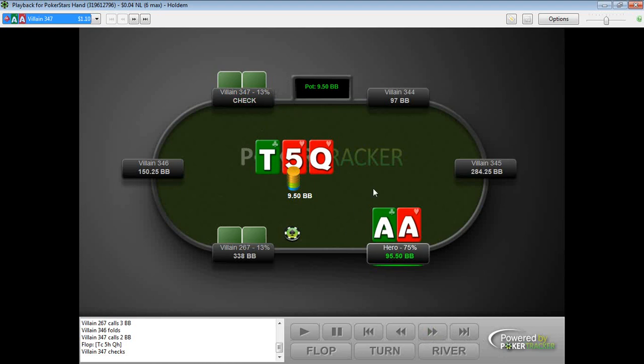He checks to us here, so what I would like to see myself do here, with it being a two-tone board, is bet roughly 66% of the pot, so 9.5 times 0.66, about 6.27 big blinds. Let's see what we do here.